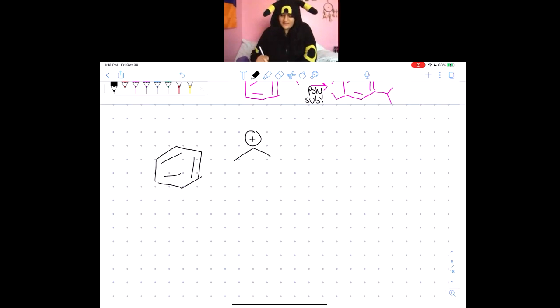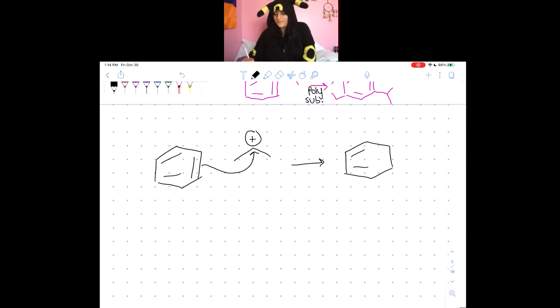So the benzene is going to use these electrons and attack here, right? And that means the electrons from that pi bond were used to attach to the electrophile. And then we also have a hydrogen here and a plus here.